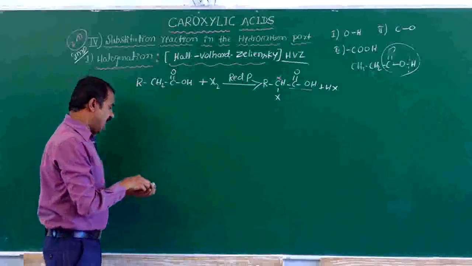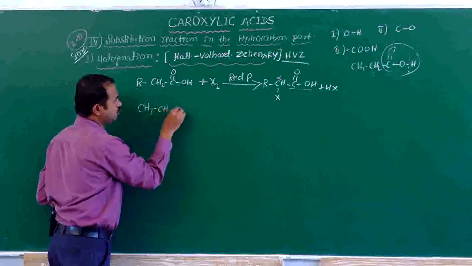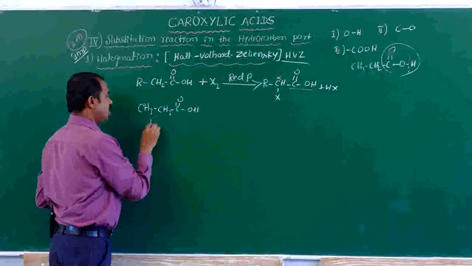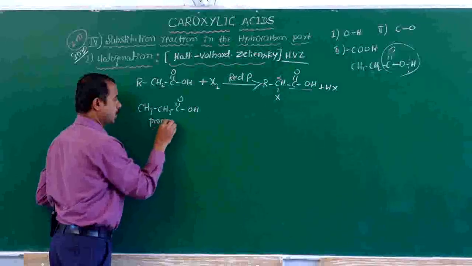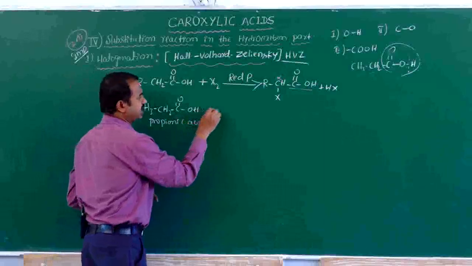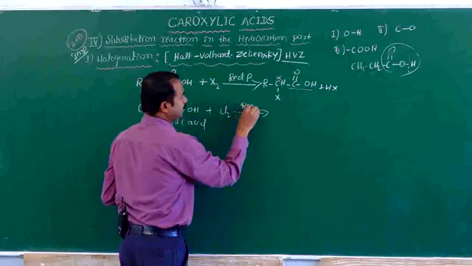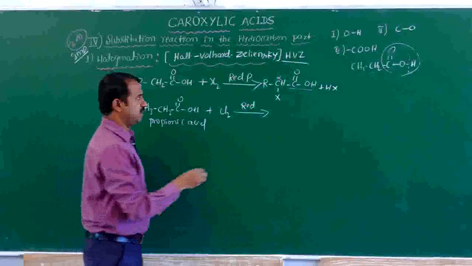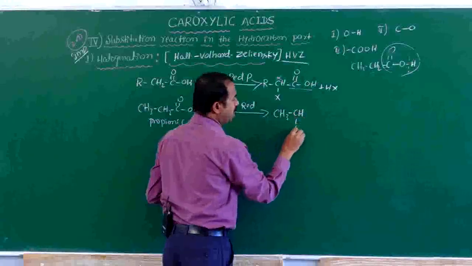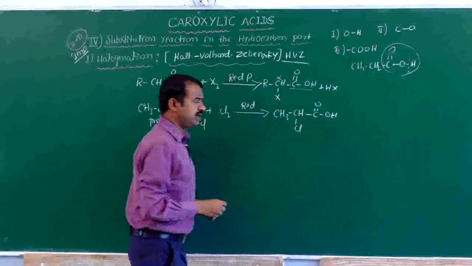Take, instead of R, CH3: CH3CH2COOH. What is this? This is propionic acid. When propionic acid reacts with chlorine in the presence of red phosphorus, it forms alpha chloropropanoic acid.